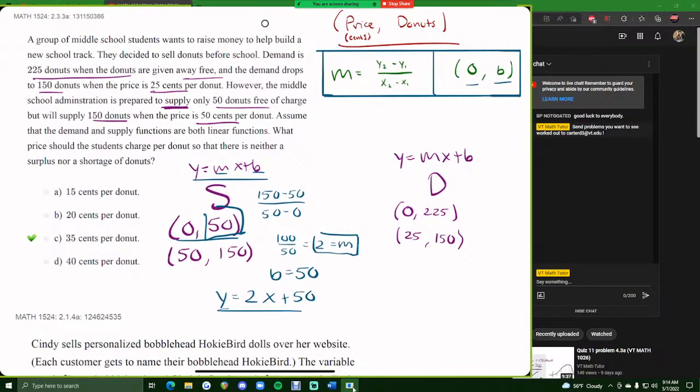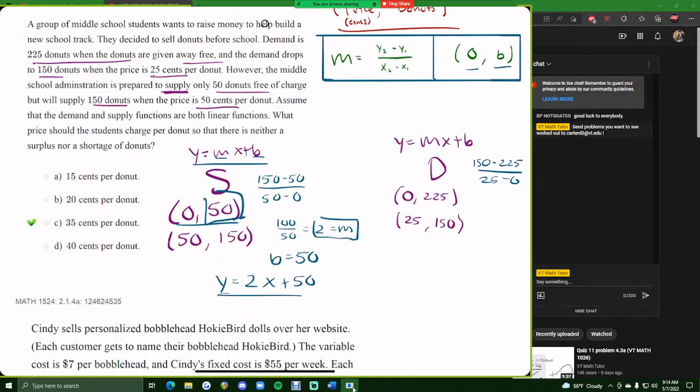All right, so now we do the same thing for the demand information. So let's give it a shot real quick. We can do 150 minus 225 divided by 25 minus 0. So this is finding the slope between these 2 points. That is negative 75 over 25. Imagine quarters. If we have 75 cents divided by 25, we have 3 quarters, and that is negative just because one of them was negative.